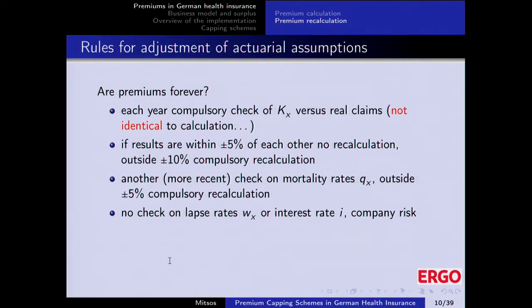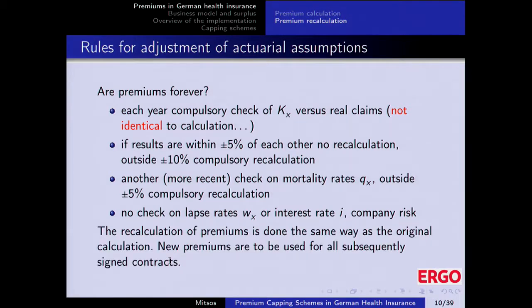It is as it is. If these checks say you have to recalculate, then another process is started, and the recalculation is done exactly the way the original calculation was done with the newer assumptions, and always in agreement with the independent trustee.